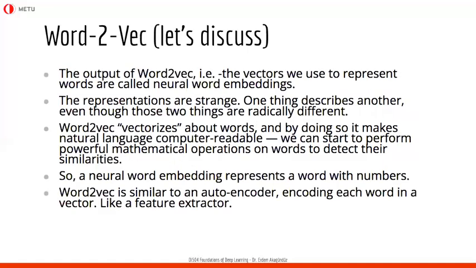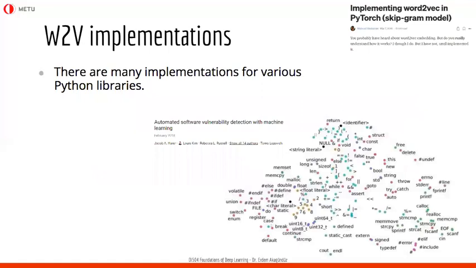Okay, so the output of word2vec is the vectors we use to represent the words, called neural network embeddings, but you could use a linear embedding layer to learn them as well. So word2vec vectorizes the words, nothing else. It's an encoding, just like a feature extractor. There are many word2vec implementations you can find on the internet, and people use them because they are pre-trained, ready-to-use interfaces.